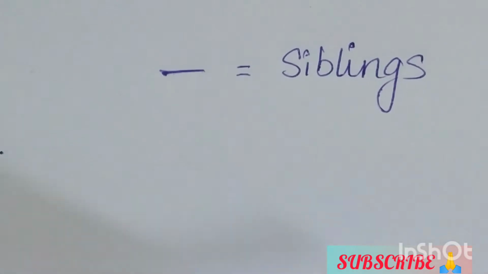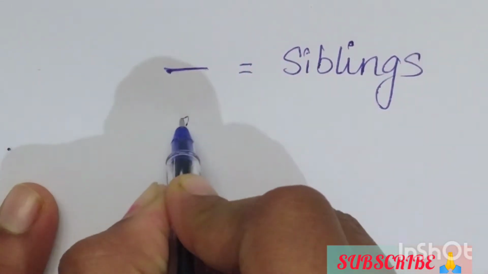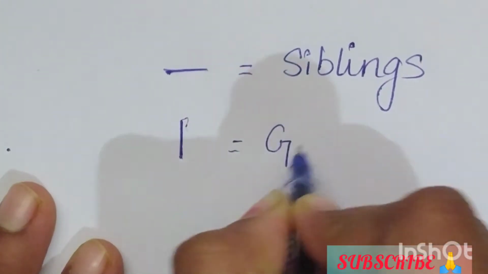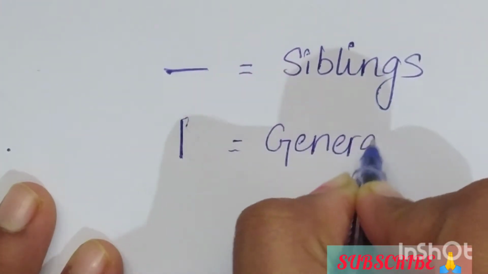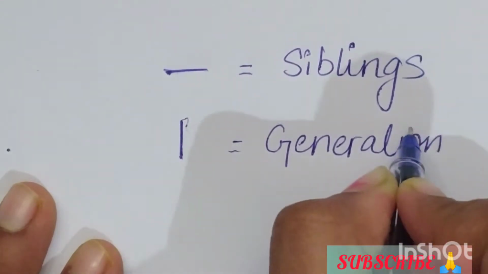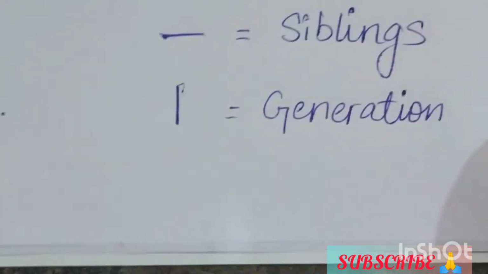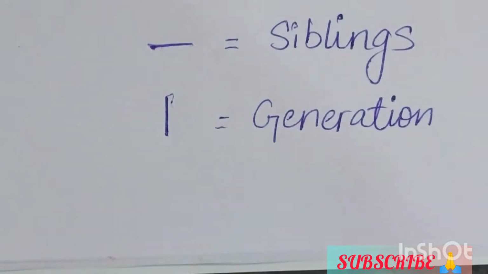Then from one generation to another generation, we can represent it with this symbol for generation. You can take triangle, circle, square, anything, but I am taking this because it will be easier for you to remember.